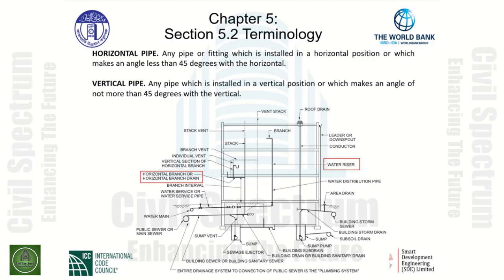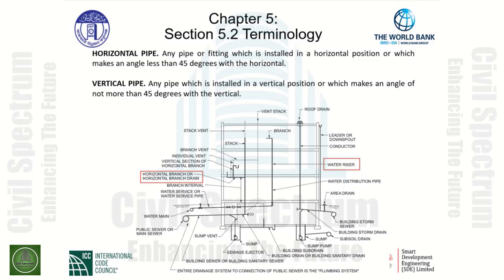As can be seen here in the graphic, we point out horizontal branch or horizontal branch drain. As can be seen here, this is properly called a horizontal pipe due to the fact that it makes an angle less than 45 degrees with the horizontal.